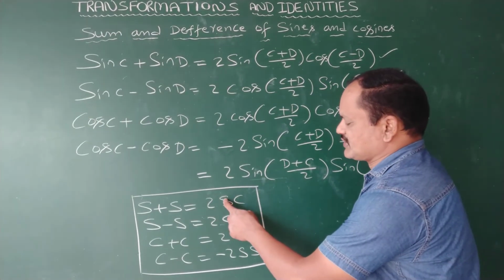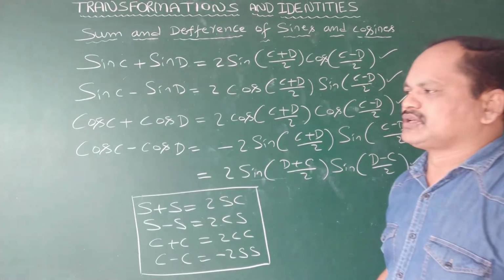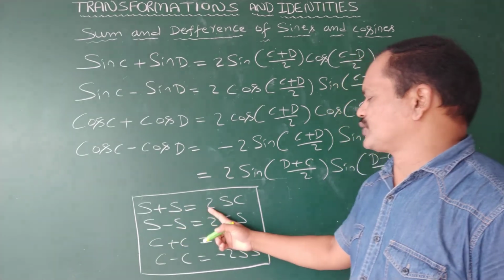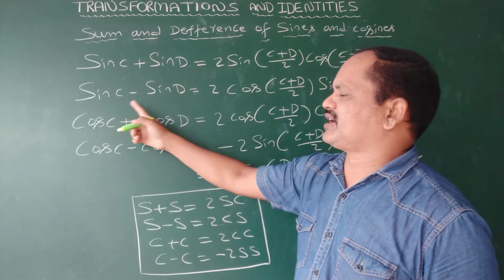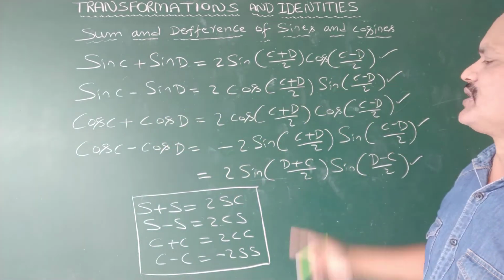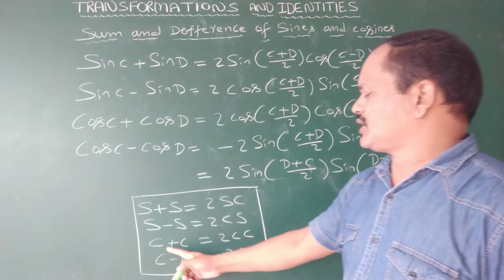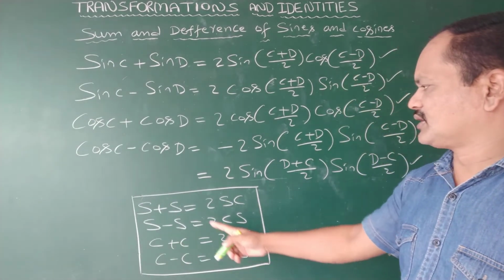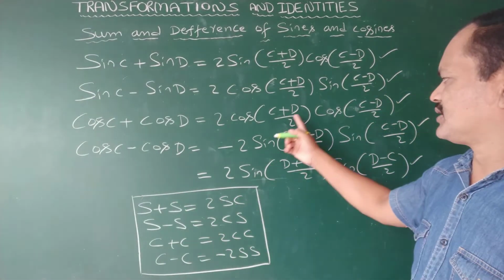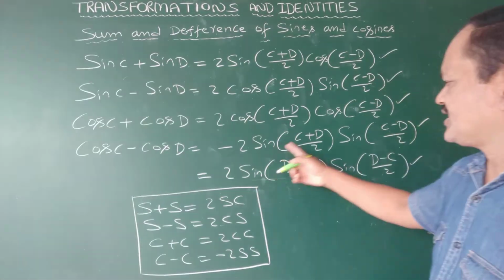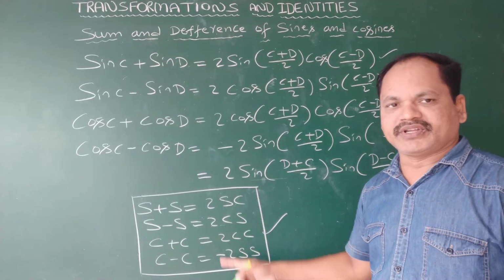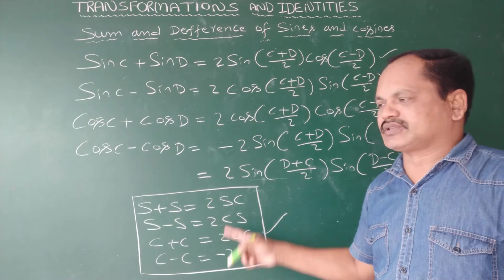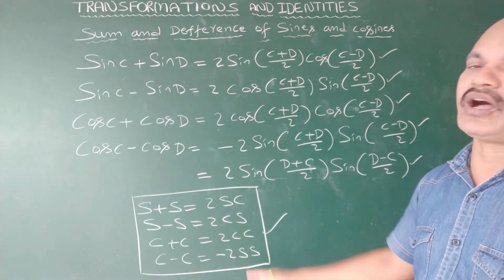The first one is (C+D)/2, the second one is (C-D)/2. That's why S plus S is 2SC, S minus S is 2CS, since sin C - sin D is 2 cos((C+D)/2) sin((C-D)/2). And C plus C is 2CC, C minus C is minus 2SS. This is the shortcut. We have to remember the shortcut formula easily, especially for objective questions.